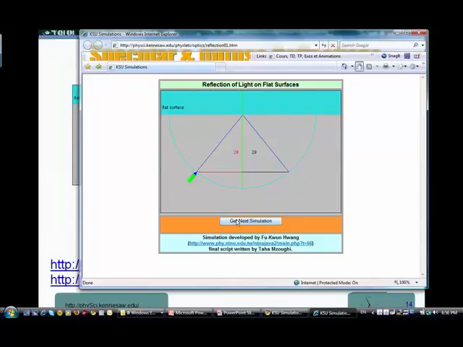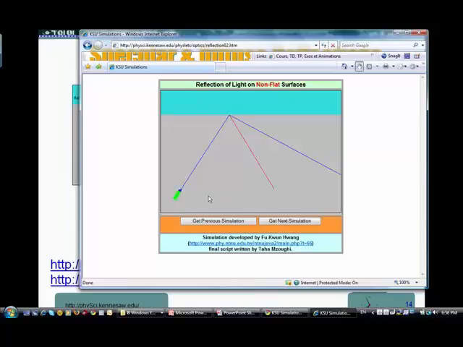Now, what if I have a surface that's not flat? What does it mean, a surface that's not flat? It might appear flat like here, but microscopically, or even at a larger scale than microscopic, at a millimeter level or whatever, the surface is not flat.